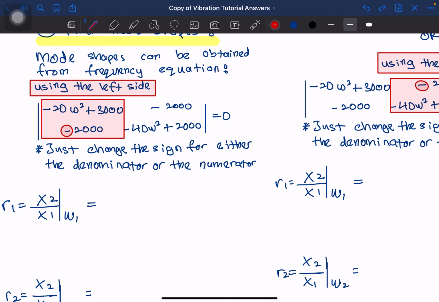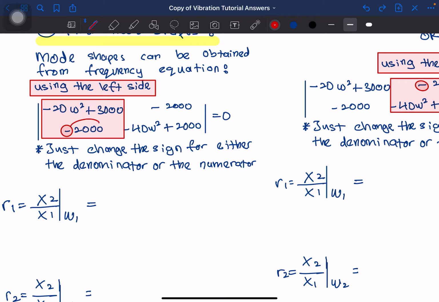Let's say I'm taking the left side now. I just make it into a fraction, and I change one sign. Either I change the sign for the denominator or for the numerator, but since we can change only one of the signs, might as well just change the side with a simple number.